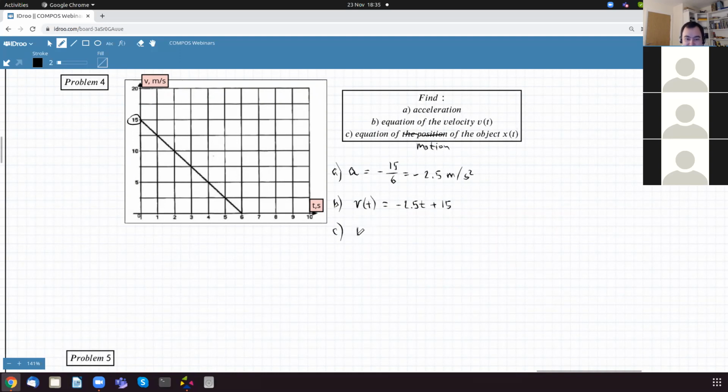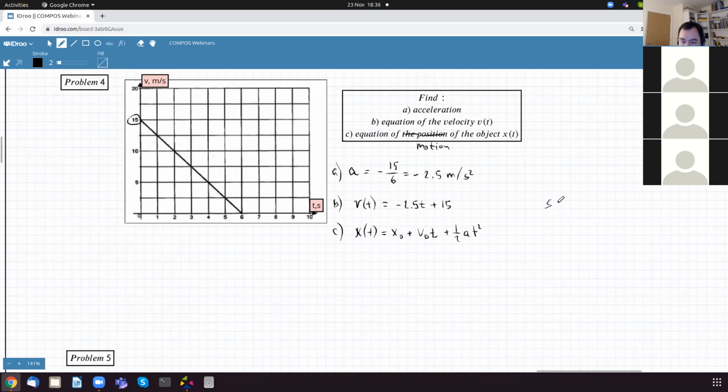We know that x of t is equal to x0 plus v0t plus a half at squared, which is one of the Suvat equations, a modified Suvat equation.